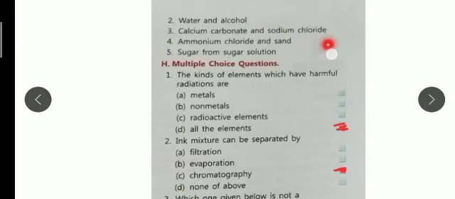Calcium carbonate and sodium chloride: how can we do it? We can do the evaporation process. Now ammonium chloride and sand, we can do the sublimation process, and sugar from sugar solution, again the evaporation process. So the third and fifth answers will be the same, the evaporation process.